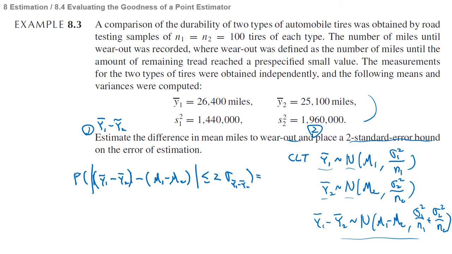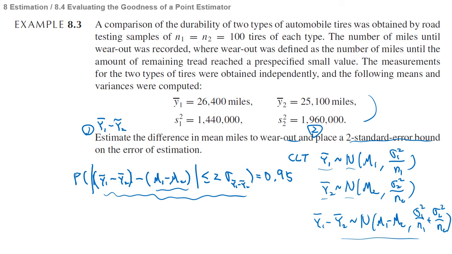And this probability would be 0.95, and from here we can get the bound for mu1 minus mu2.